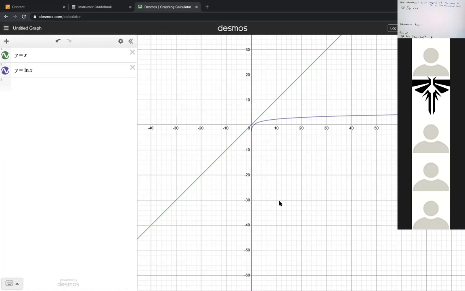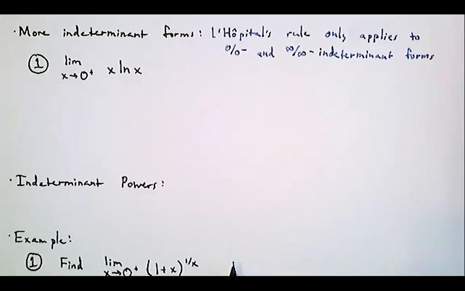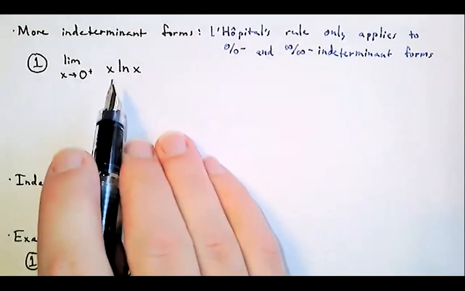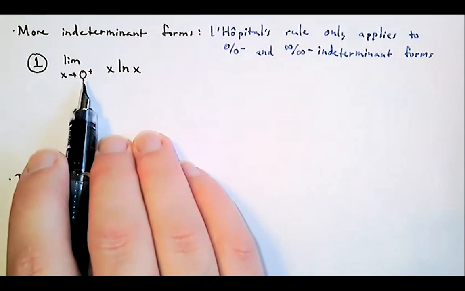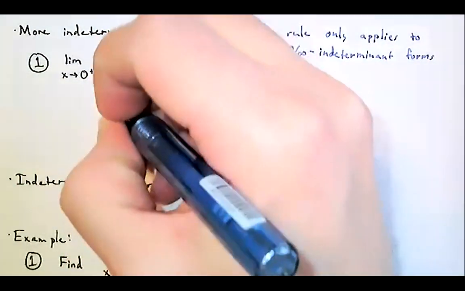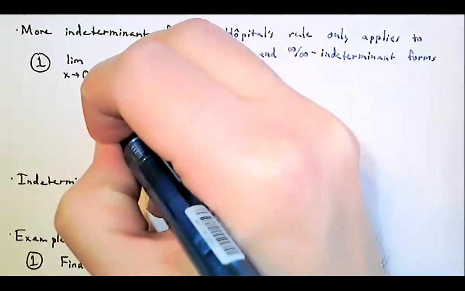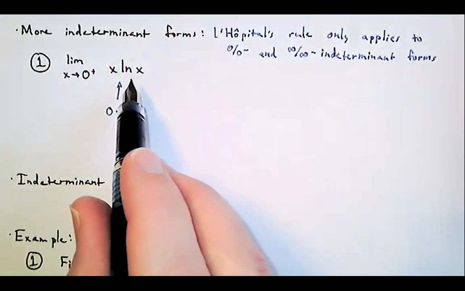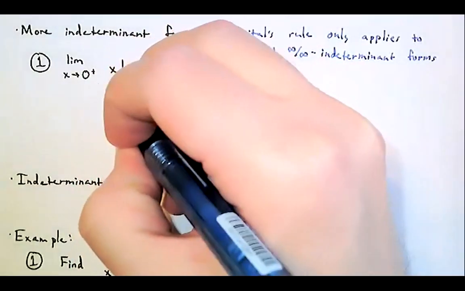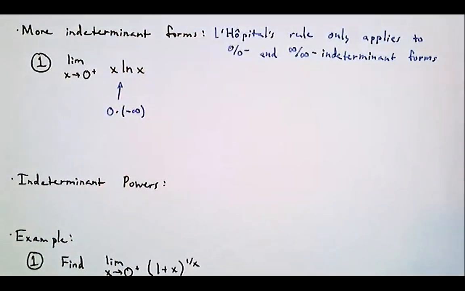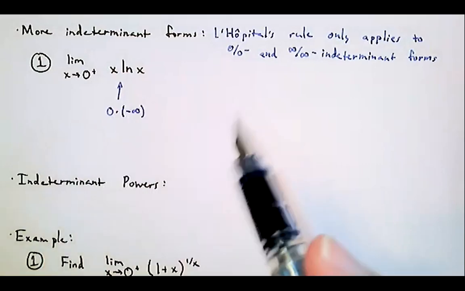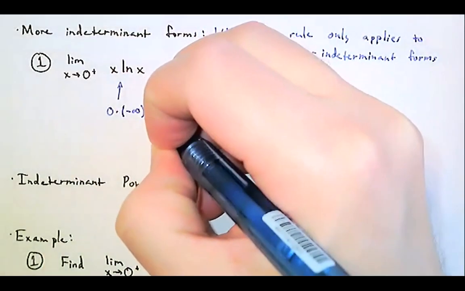So going back to the notes, what we're looking at is a function x that's going to get close to 0 as x goes to 0. And then the natural logarithm is going to get close to negative infinity, or it's blowing up to negative infinity, I should say. So we're looking at a 0 times negative infinity indeterminate form.